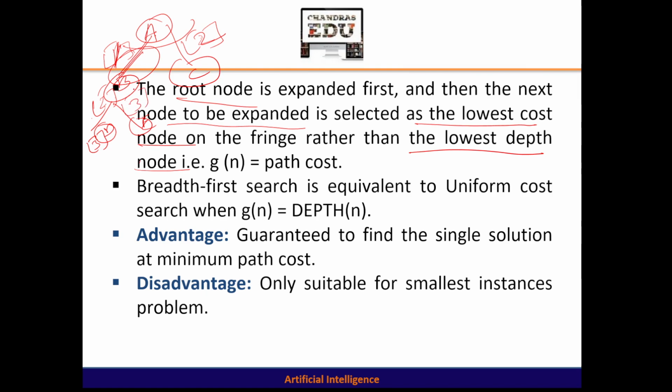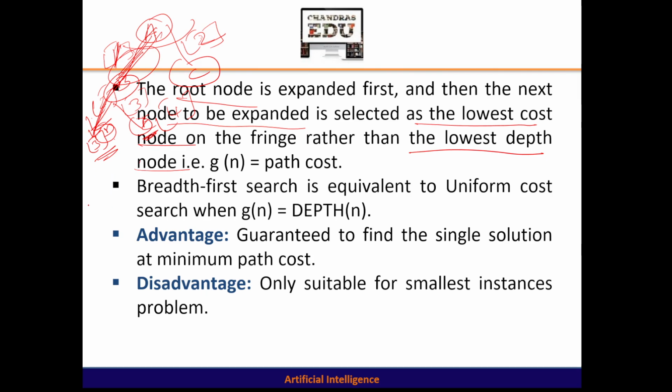Then it is 1 plus 3, the cost here is nothing but 4. So it will prefer to go to this path. Why? Because the total cost till D is 3 only, but the total cost till E is 4. So it will prefer this path for finding out the goal.